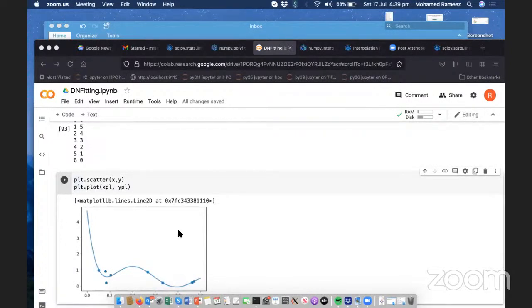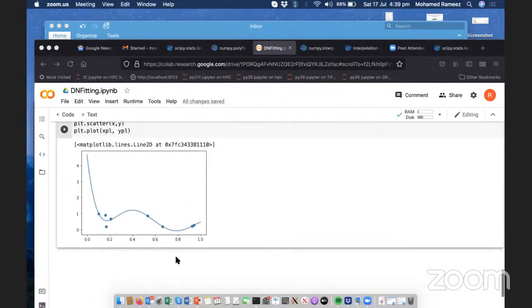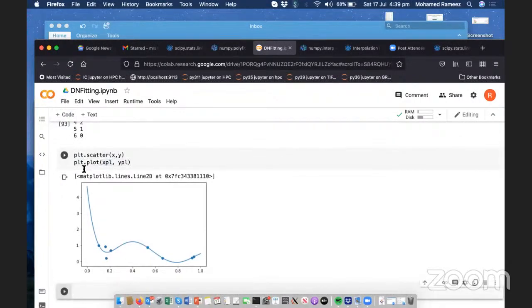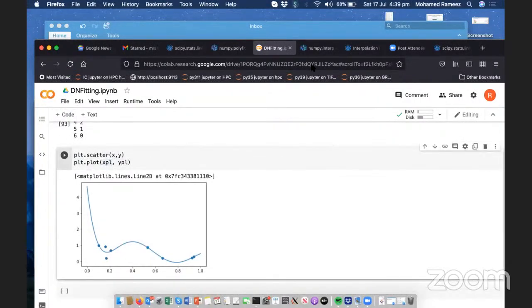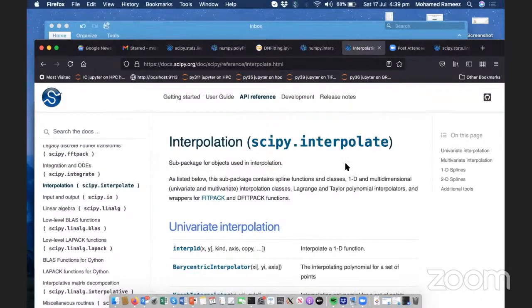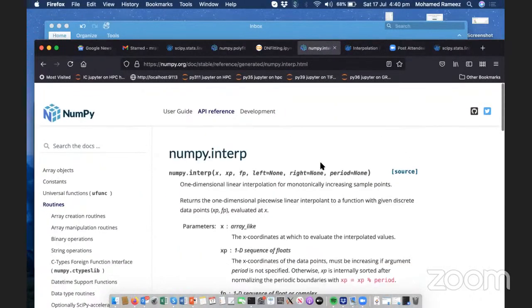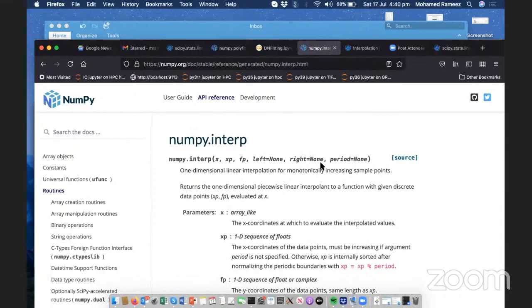Okay, excellent. What we are now going to do is look at certain ways to interpolate between data. And for that, again, there are multiple tools within Python. I think one of them is scipy.interpolate or numpy.interp.